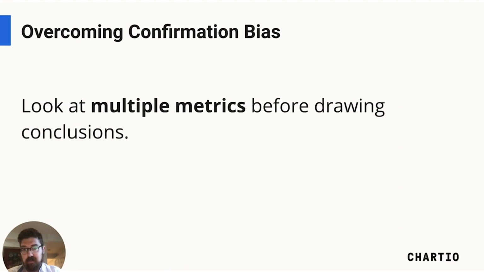So the general advice here is to always look at multiple metrics before drawing conclusions, and that'll help you avoid finding the single chart that looks good and sticking with it. If you at least expose yourself to more data, you have a better chance at better contextualizing your conclusions.